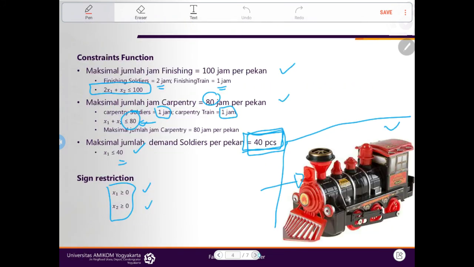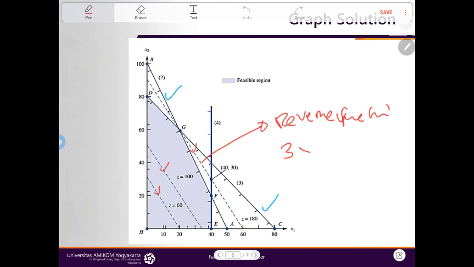Okay, this is 2x1 plus 3x1 equal to 60, and here in this problem 60 equals 3x1 plus 2x1, and this is equal to 100, and this is the maximum one because of the intersection at this point.